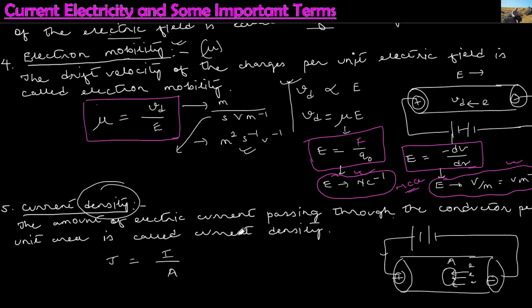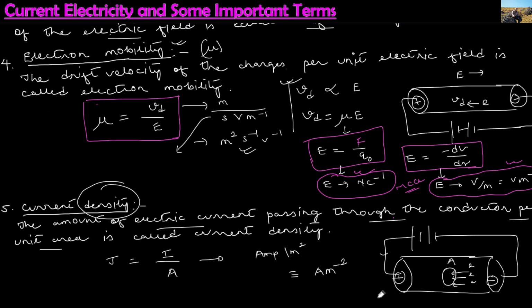So the electric current passing through the conductor per unit area is defined as current density. The SI unit of current density is ampere per meter square, or ampere meter square inverse.